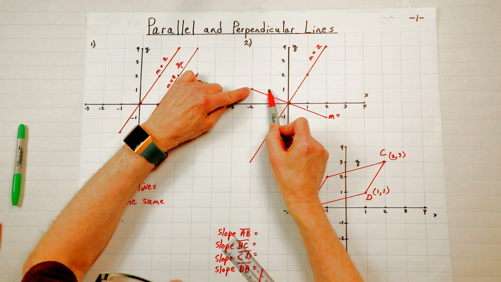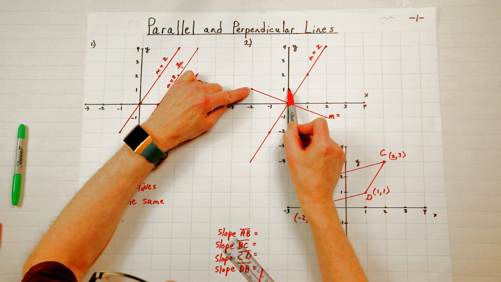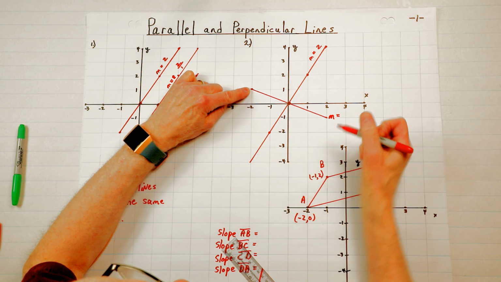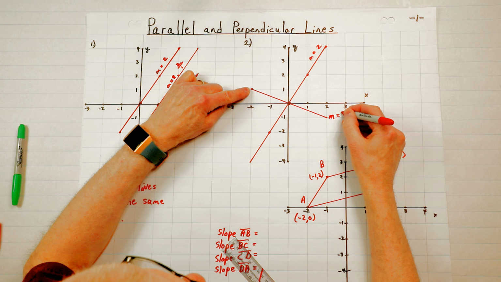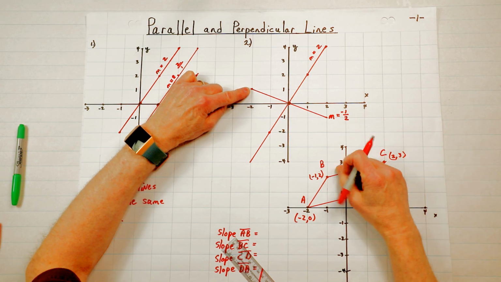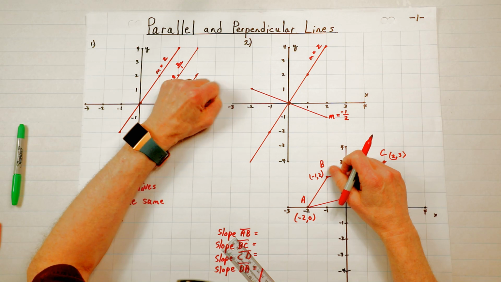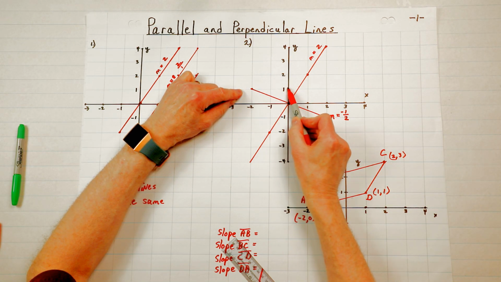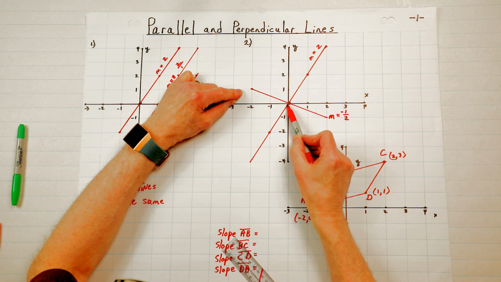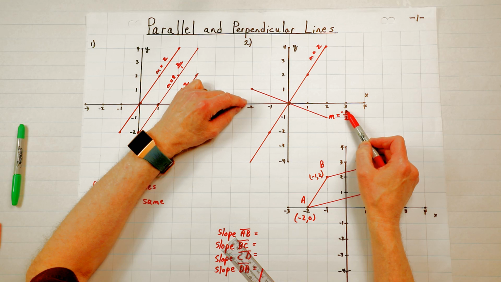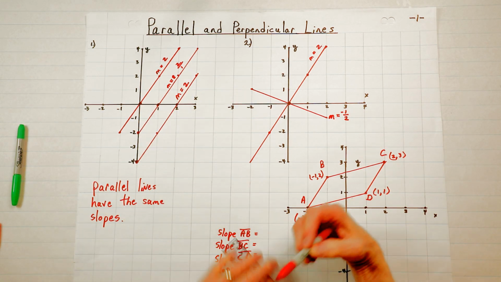So we go right 1, 2, and down 1. The rise is -1 and the run is 2. You see that? Right 2, and down 1. Rise over run, -1 over 2.